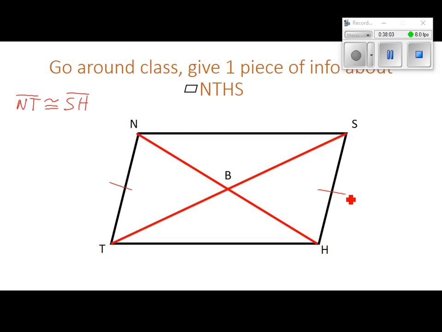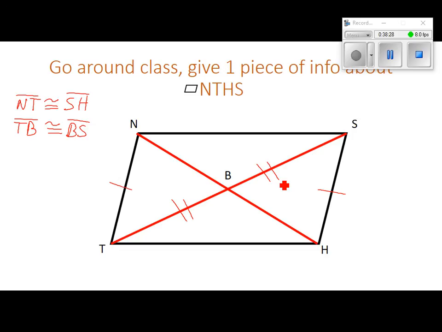Matt, next one. TB is congruent to BS. Segment TB is congruent to segment BS. Everybody agree with that? Yeah, because the diagonals bisect each other, so these two parts have to be the same. Bobby, give me something else.